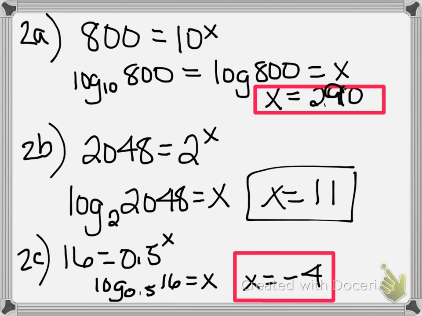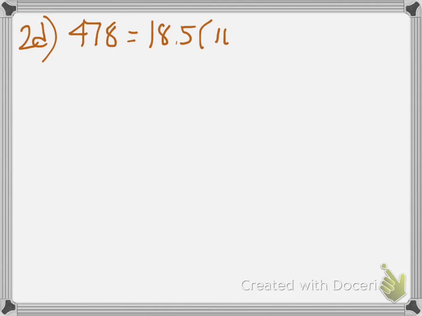Moving on, d, e, and f have just one extra step. So let's do 2d. 2d says 478 equals 18.5 times 10 to the x power.